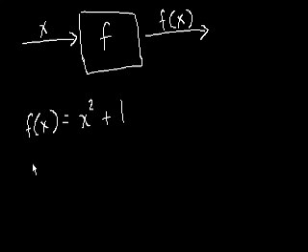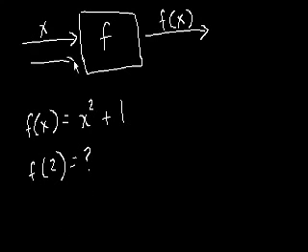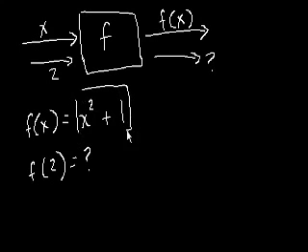Then, if I were to ask what's f of 2? Well, that means we're taking 2 and putting it into the box, and I want to know what comes out of the box when I put 2 into it. Well, inside the box, we do this to the input. We take the x, we square it, and we add 1. So f of 2 is 2 squared, which is 4, plus 1, which is equal to 5.